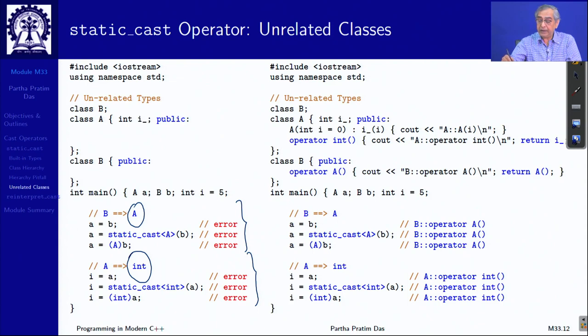This is where C++ has given another novel operator called the casting operator, wherein in class B we write operator A. The name of the operator is A itself. You can see there is no return type. Why is there no return type? The operator A will operate on a B object and will return you an A type object.